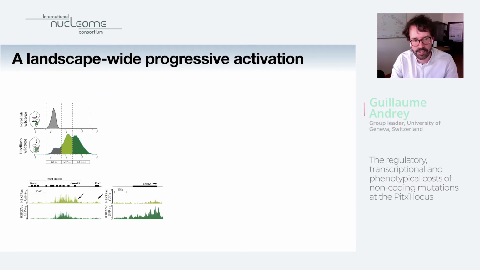If we sort these two cell populations and produce a K27 acetylation ChIP-seq on them, we can see that the lowly active cells have active marks on distal limb genes like Hoxa13 or Evx1, which is not the case for the very strongly active GFP cells, which are depleted of these marks but marked with proximal markers. So again, here we are able to sort proximal and distal parts of the limb because proximal cells are highly active for Pitx1 and distal cells are lowly active.